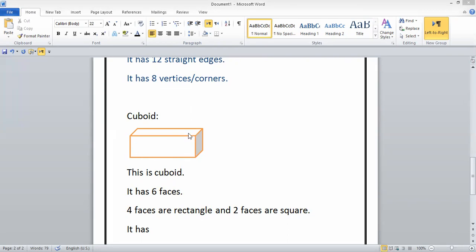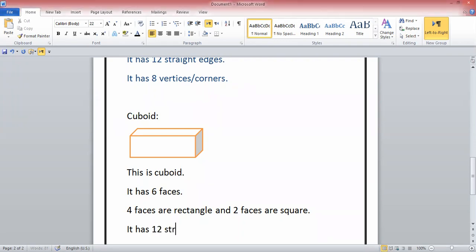One, two, three, four, four in the front. 5, 6, 7, 8, 9, 10, 11, and 12. There are 12 edges, like a cube. So it has 12 straight edges. These are also straight, not curved.